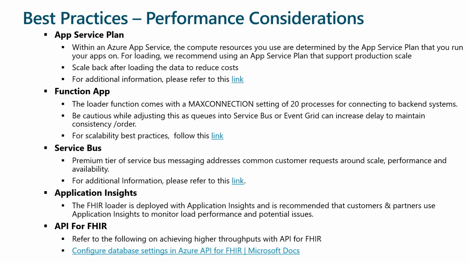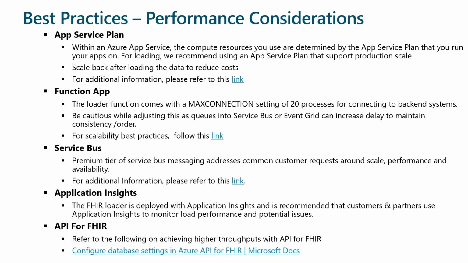In terms of service bus, we recommend having a premium tier service bus to address common customer requests around scale, performance, and availability. Follow the service bus scalability best practices, and additional information is available in this link as well.